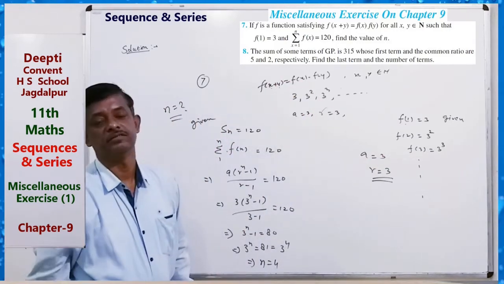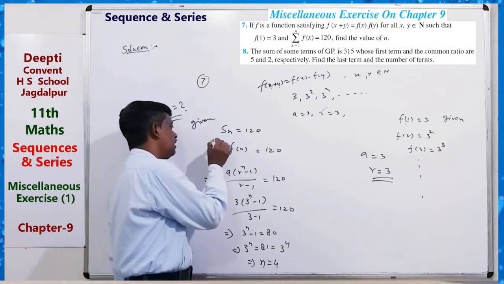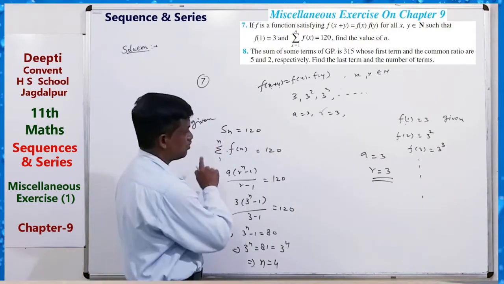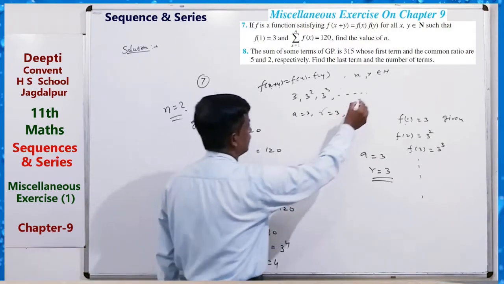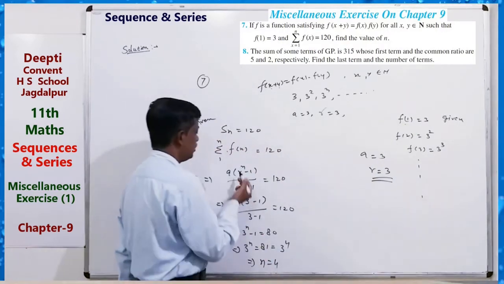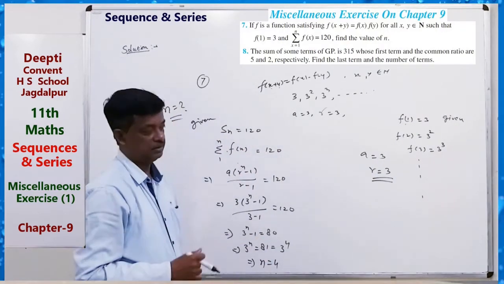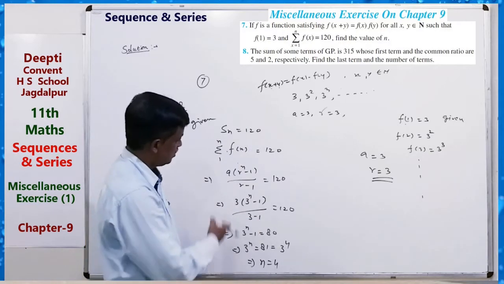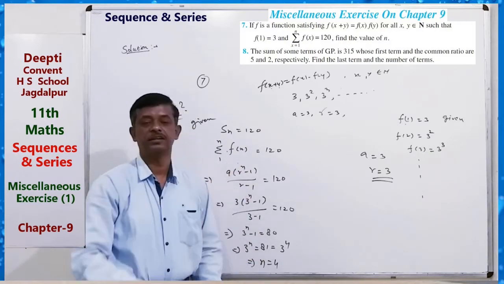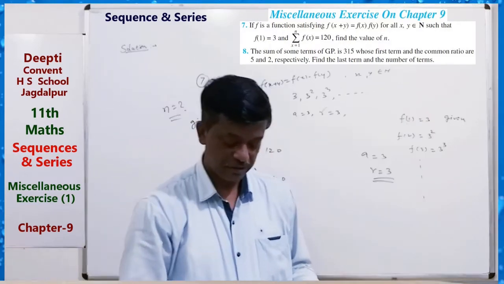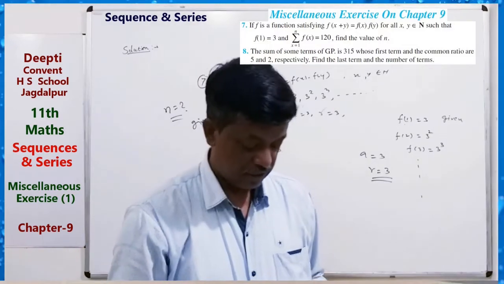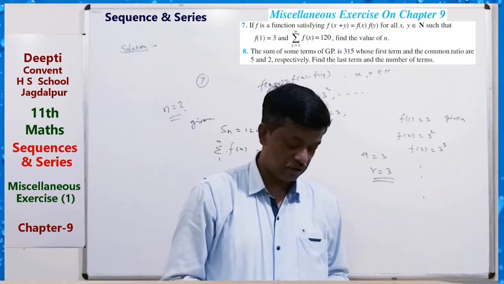We can get the series up to n terms. So we have to find the value of n. A and R are used in this formula, and then you can get the value. Okay, so you can also solve it.